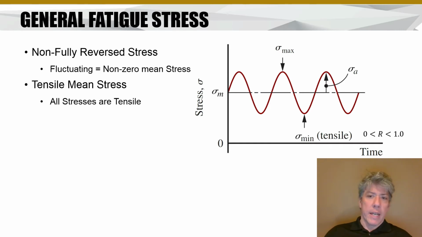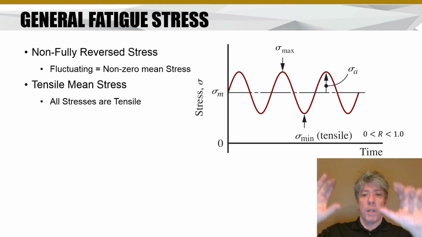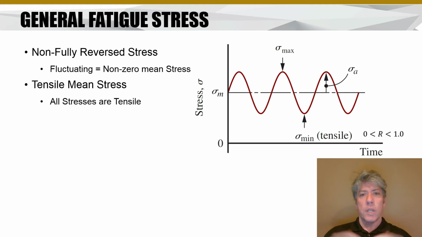Because if you think about it, the only way you could get a 0 is if this fluctuation moves all the way down to where it's touching the 0 line. On the other hand, to get 1, you'd have to take the maximum and minimum stresses so high that their ratio is approaching 1.